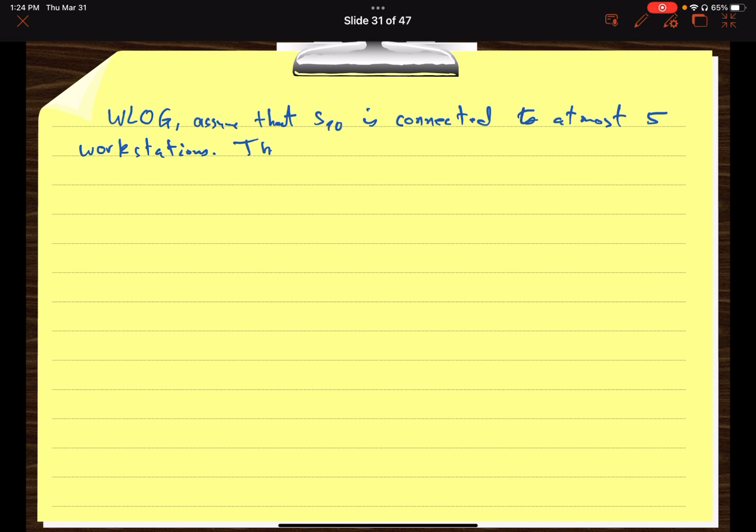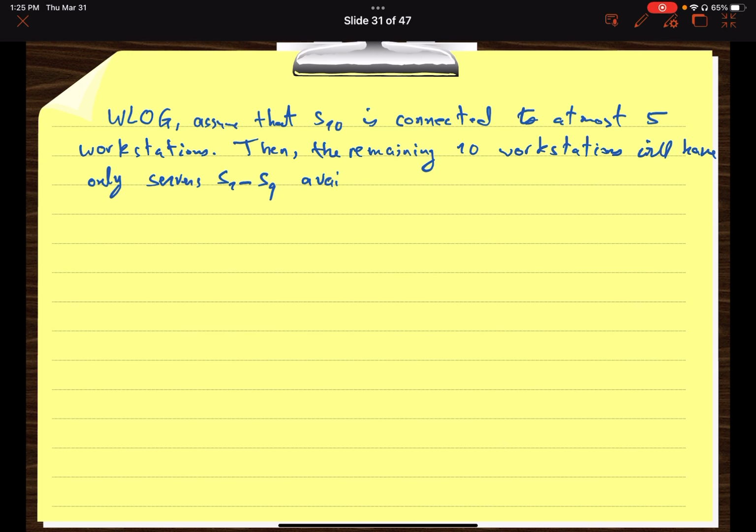Then the remaining 10 workstations will have only servers S1 to S9 available, right?